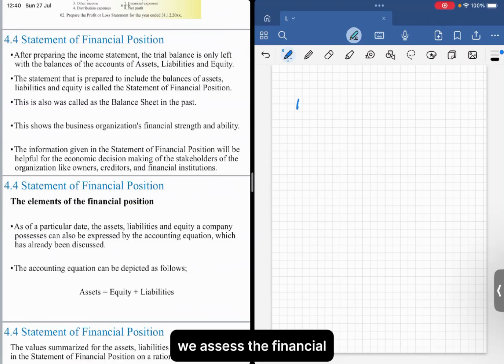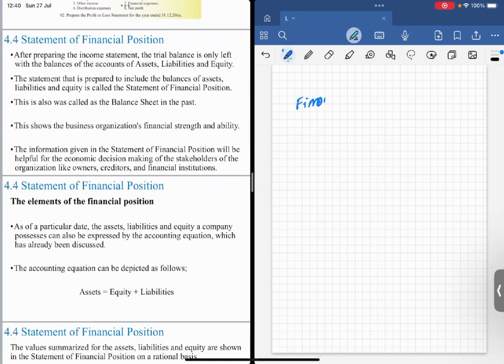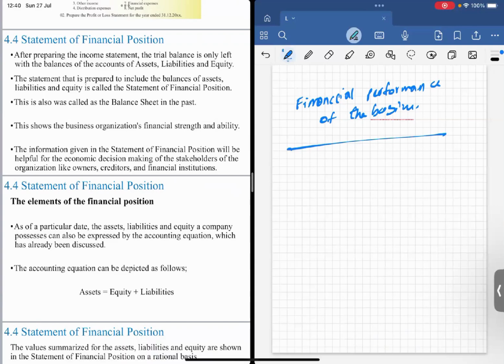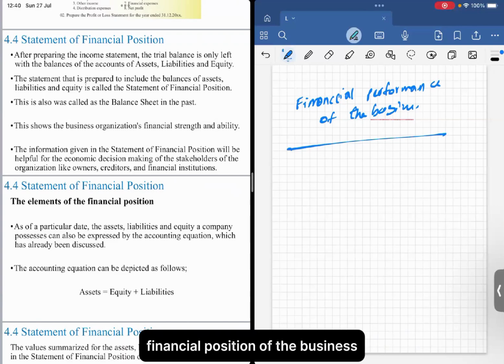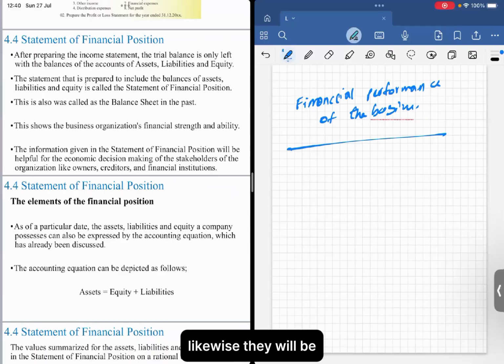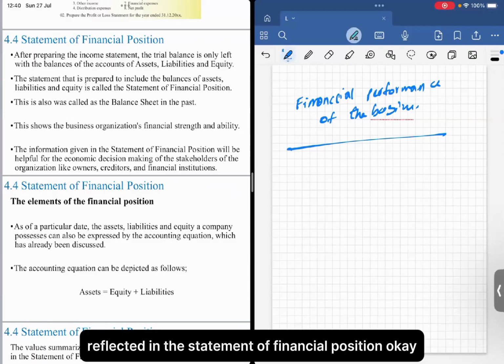Today, in the statement of financial position, we assess the financial position of the business: what its assets are, what its liabilities are, how much they are, and what the equity position is. They will be reflected in the statement of financial position.